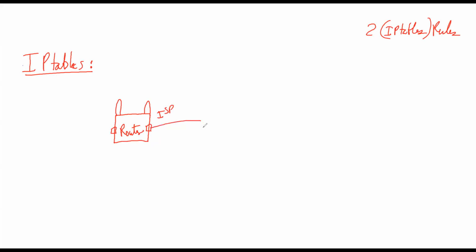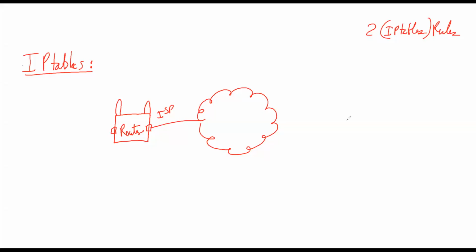So that really means the internet, or let's call it the web. And then here the scenario is that you would have an external server or an external user of some kind.